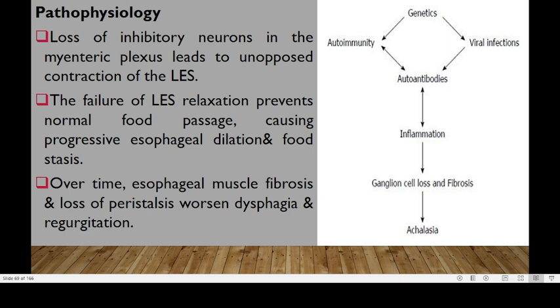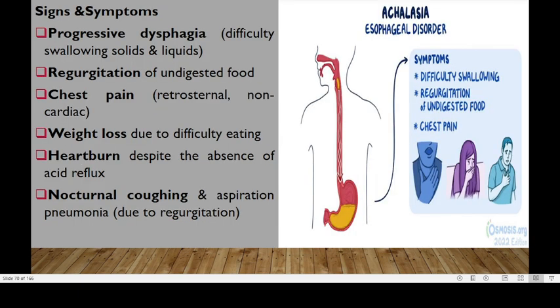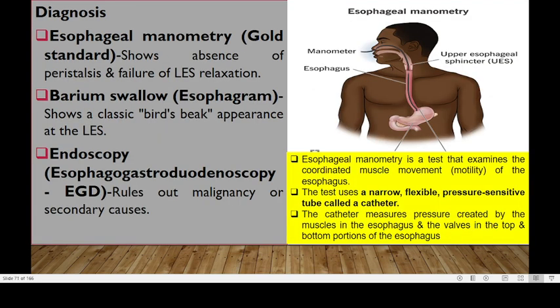And over time, esophageal muscle fibrosis and loss of peristalsis worsen this dysphagia and regurgitation. So we have progressive dysphagia, difficulty in swallowing, regurgitation, and chest pain as the main symptoms of achalasia.